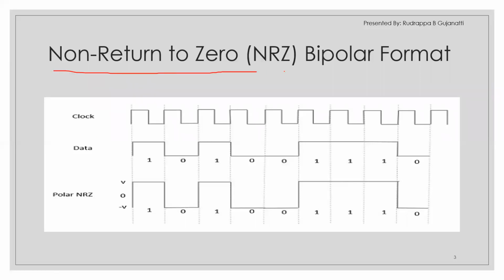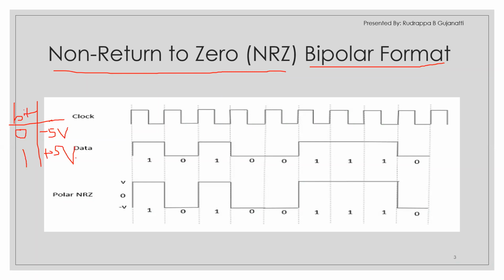Therefore, it is termed as non-return to 0 and bipolar format because we are using two polarities. So based on this, if I write the table, I can have the bit which can be either 0 or 1. For 0, for the entire given bit duration, it will be represented with the negative voltage, minus 5 volt, and for 1, it will be represented with plus 5 volt.